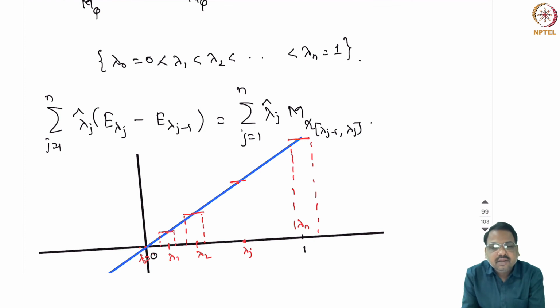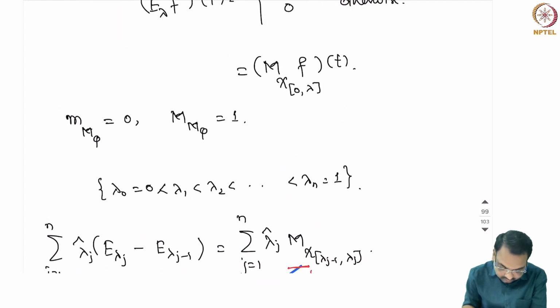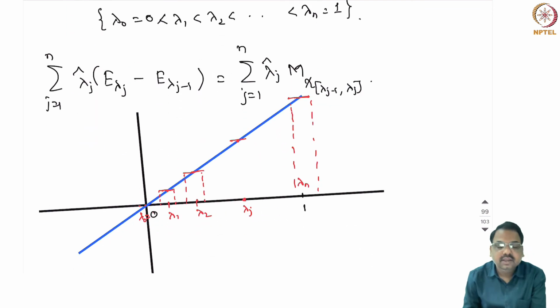At the operator level you are approximating the original operator by a sequence of multiplication operators supported on the subintervals which approximate the given function.